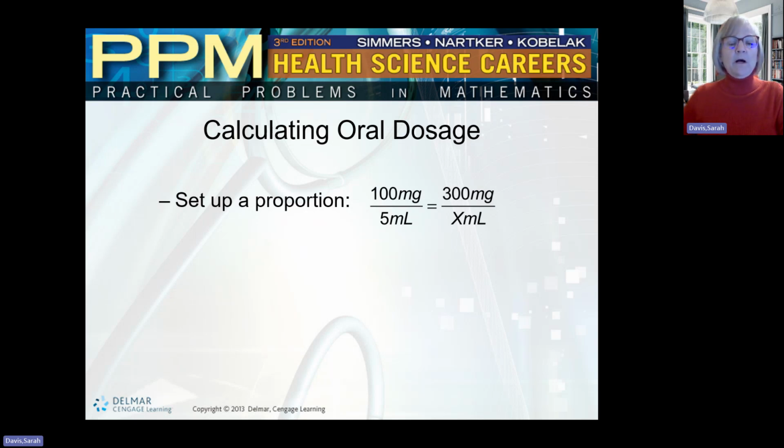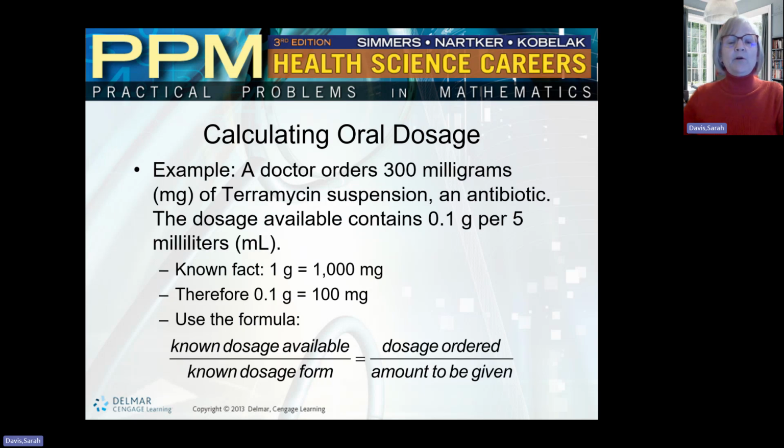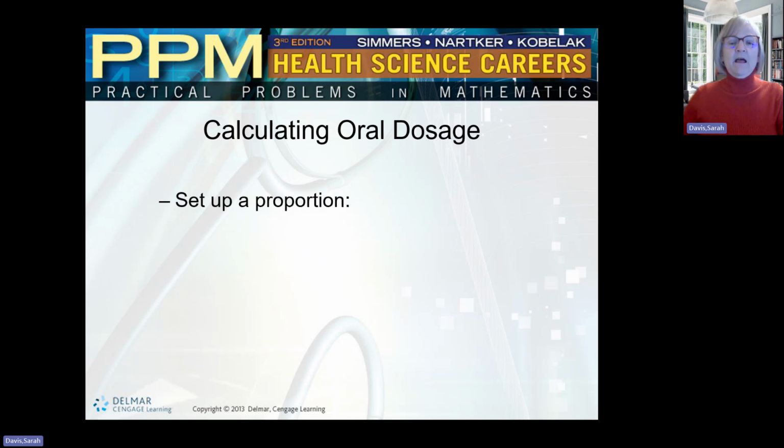Because remember, it was, I'll go back one slide, it was 0.1 grams per 5 mils. And we said that 0.1 grams is 100 milligrams. So 100 milligrams per 5 milliliters. That's what goes on the one side of your proportion. We need to give 300 milligrams. So that goes on the other side of the proportion.